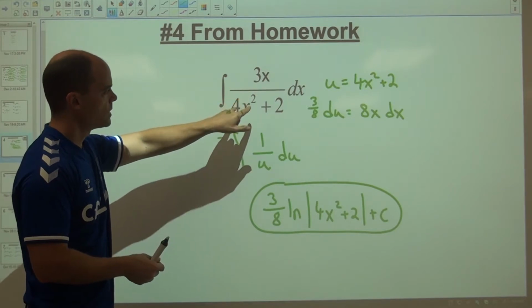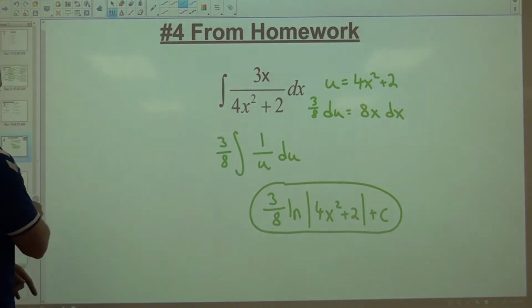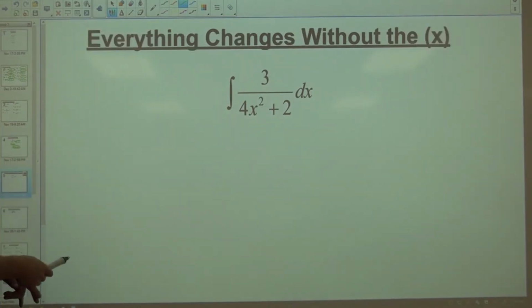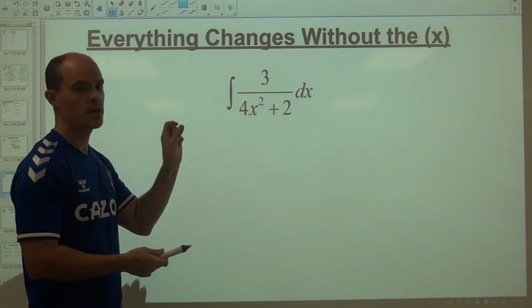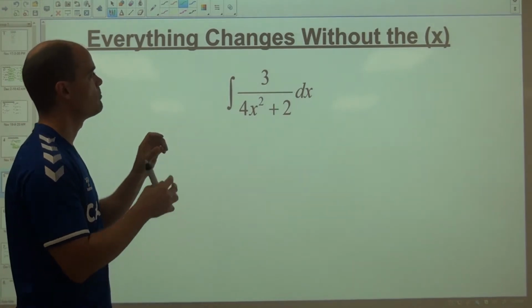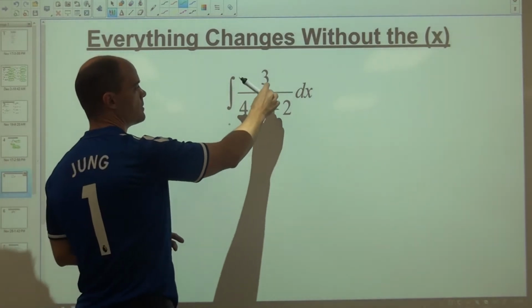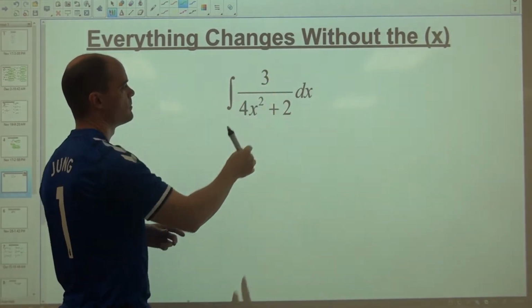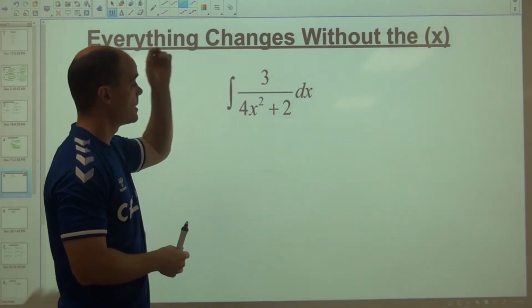So recognize the relationship here, and now notice the problem in this integral. One little teeny tiny change, and we have a massive problem. This is no longer the derivative of this. The derivative of something squared is not a constant.